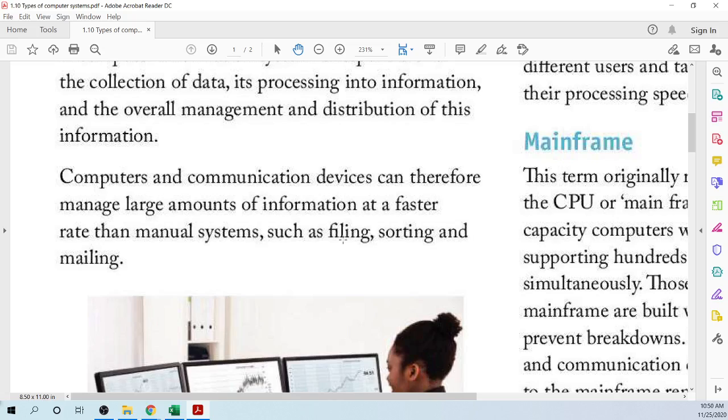Say, for example, the secretary in the school office has to prepare documents for the school, for you, the students, for teachers, and so on. Now, instead of manually preparing those documents, writing those documents, and filing them in a cabinet, companies can make use of computer systems so that they can carry out those tasks much faster.